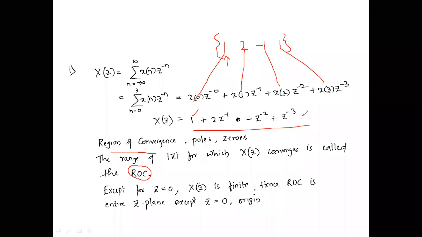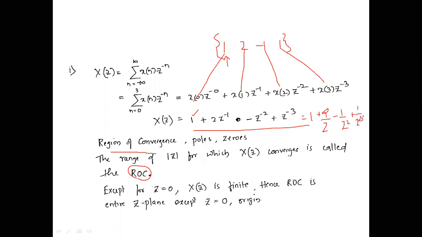So here it is 1 plus 2 by z minus 1 divided by z square plus 1 divided by z to the power 3.